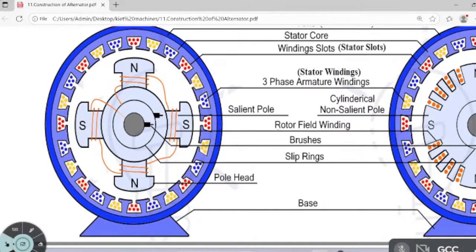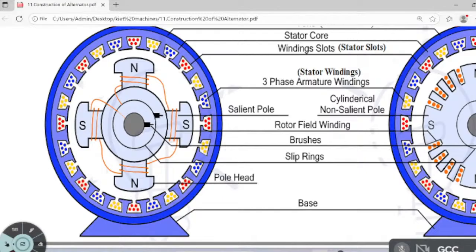The principle is same. DC generator principle is equal to AC generator principle. There is no difference. Only the difference is the location of field and the location of conductors are interchanging. In DC generator, conductors are placed in the rotor slots. In AC generator, conductors are placed in the stator slots.